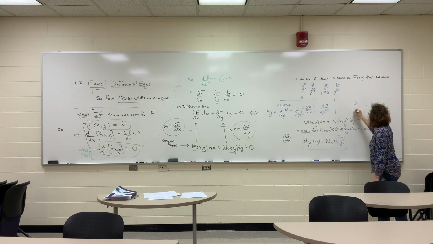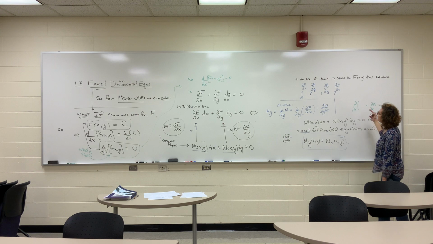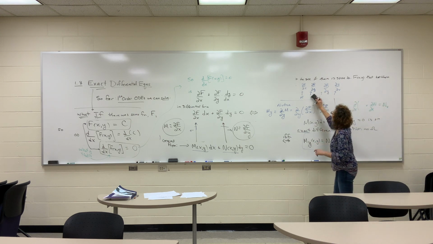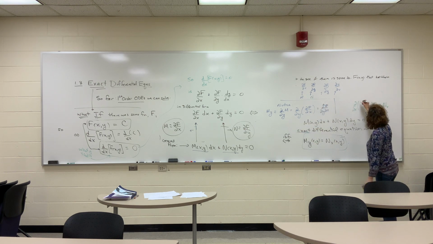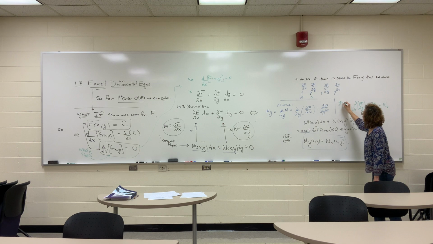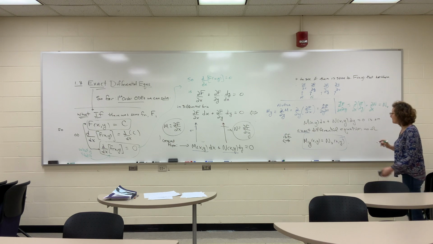That's the partial derivative with respect to x of, what is N? Partial f partial y. That's not very good looking N, right? Partial f partial y. So what is this guy? This is the second partial of f with respect to x. Yeah?